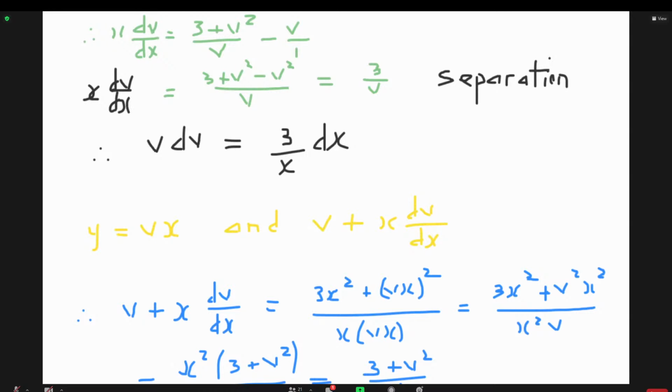So therefore, V squared on 2 is equal to 3 ln x plus c. All right, there's one more step. What is the next step? Anybody? Final step.